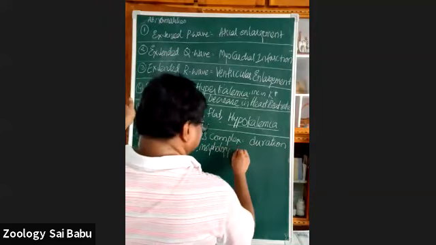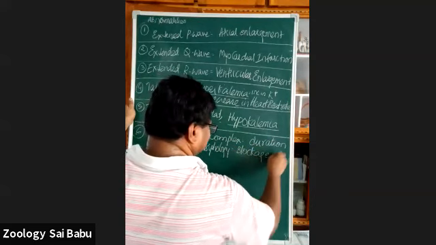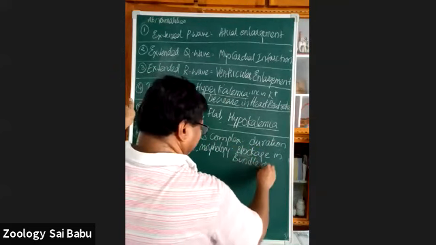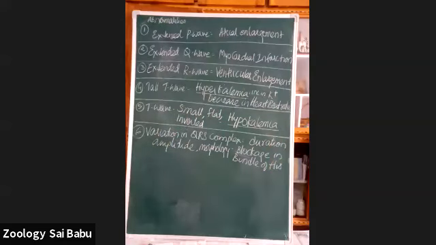This indicates that there is a blockage in the bundle of His. That means the impulse is not being transmitted properly. The action potential does not travel to the ventricles because of the blockage in the bundle of His.